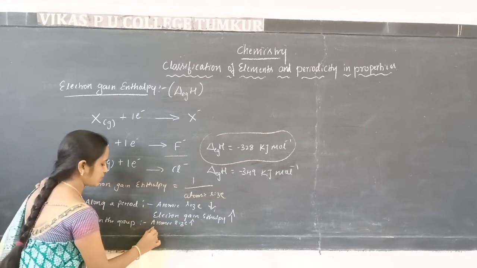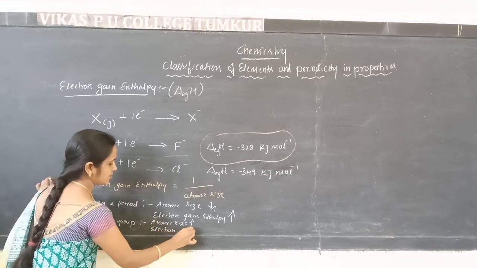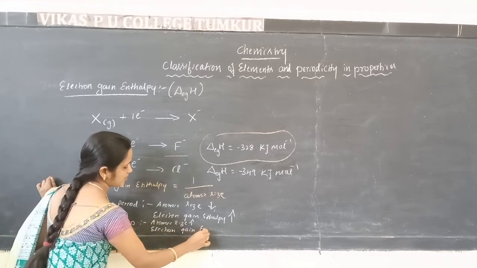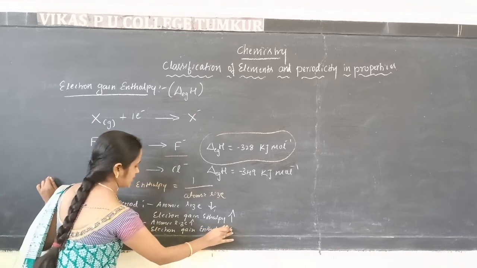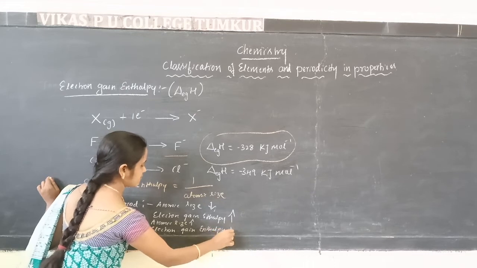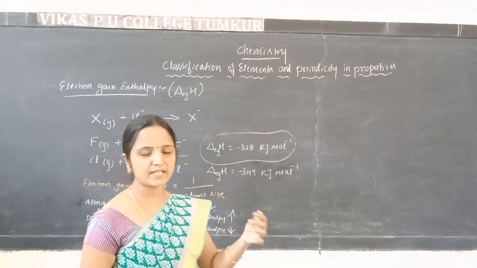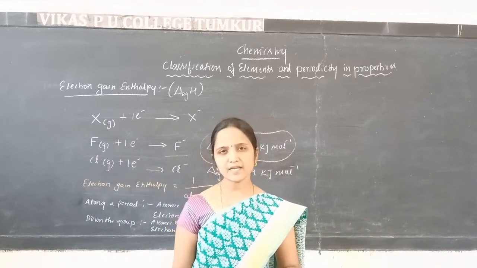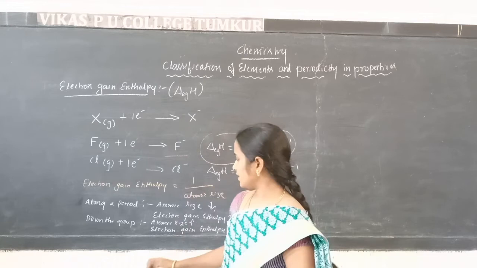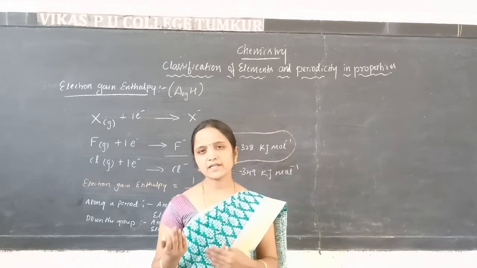Therefore, the electron gain enthalpy decreases. Vice versa: if atomic size increases, electron gain enthalpy decreases, and if atomic size decreases, electron gain enthalpy increases. Means one decreases while the other increases.